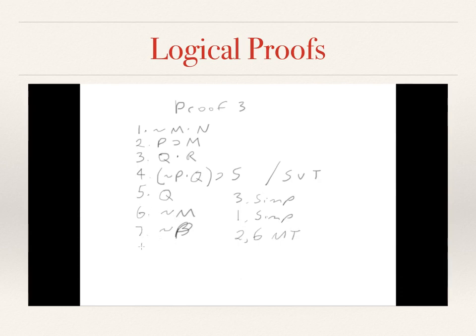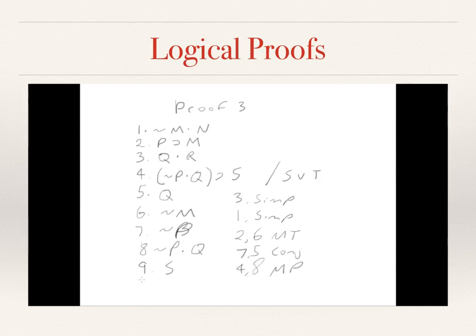And now we can add not P and Q by a conjunction of 7 and 5. And now we have not P and Q implies S, and so through modus ponens we can end up with S by itself by lines 4 and 8 modus ponens.